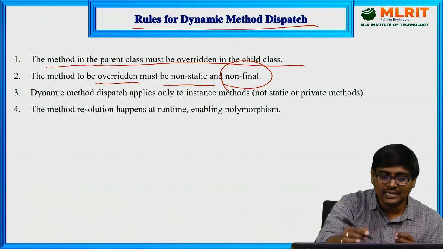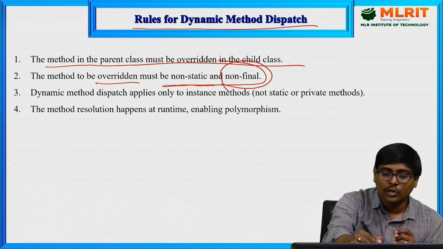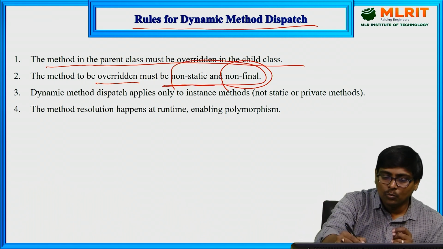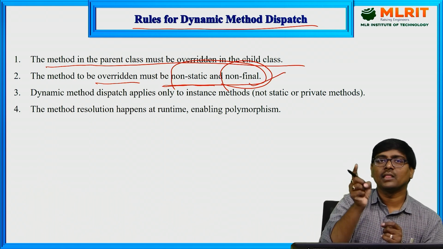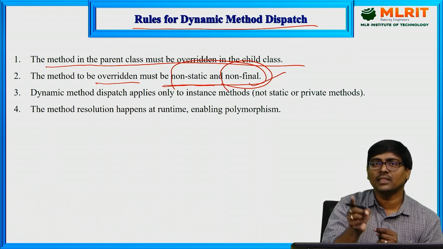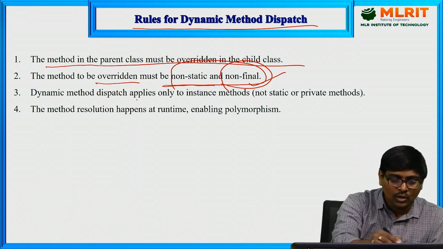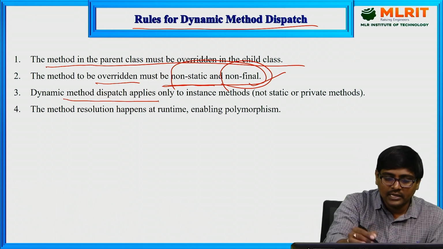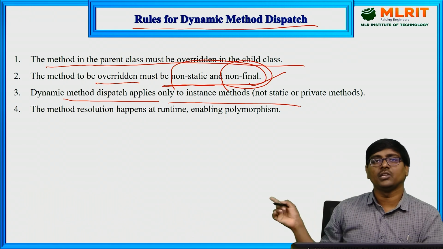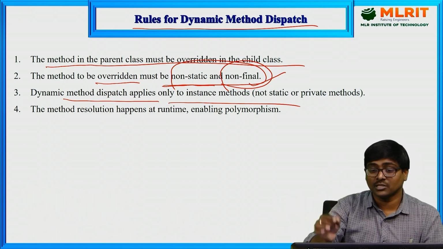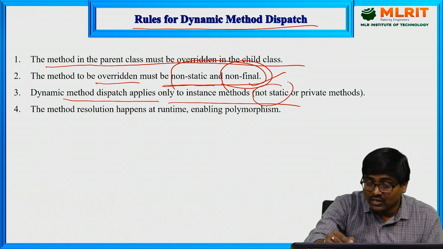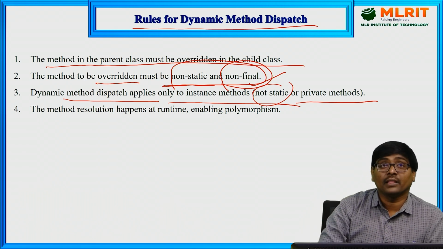That is the reason. To create an object and to perform overriding, the method must be an instance method and a non-final method. So dynamic method dispatch is applied only to instance methods, only to the instance methods, along with non-static private methods.